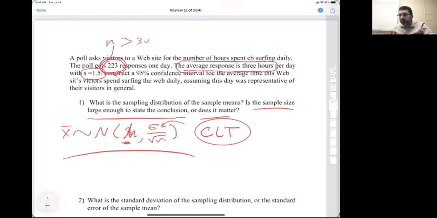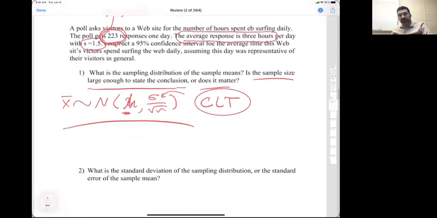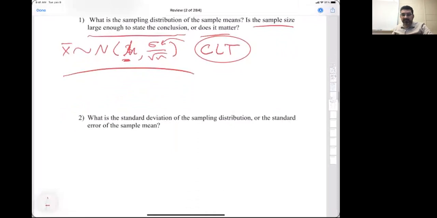Of course we cannot apply the central limit theorem in this case, so we cannot use this confidence interval. But in this case we can use t instead of the normal distribution, so we can construct the confidence interval. The second question is, what is the standard deviation of the sampling distribution in this case?